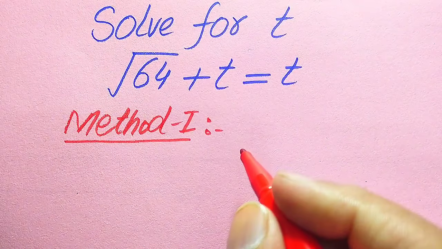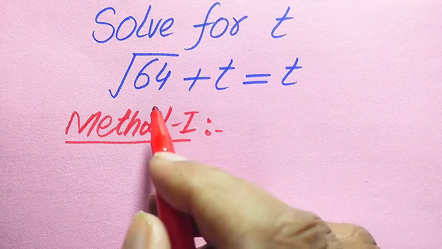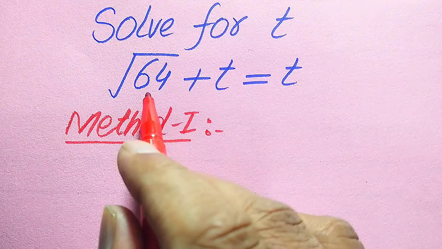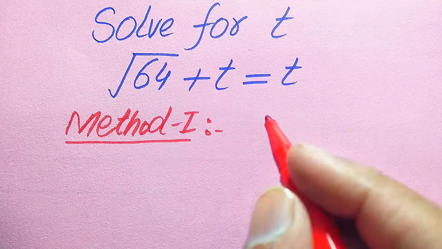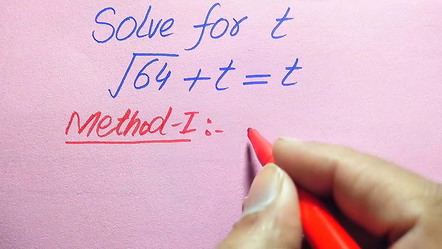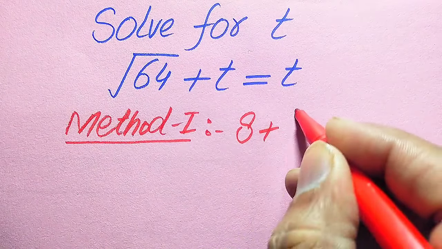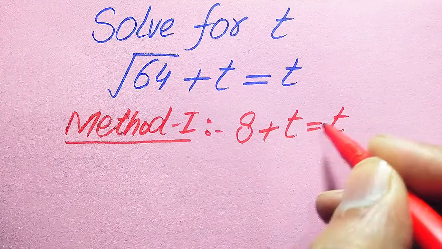Now we move towards the solution of this problem. The very first thing we do is, you see here this is the square root of 64, and we know that the square root of 64 becomes 8, plus t equals t.